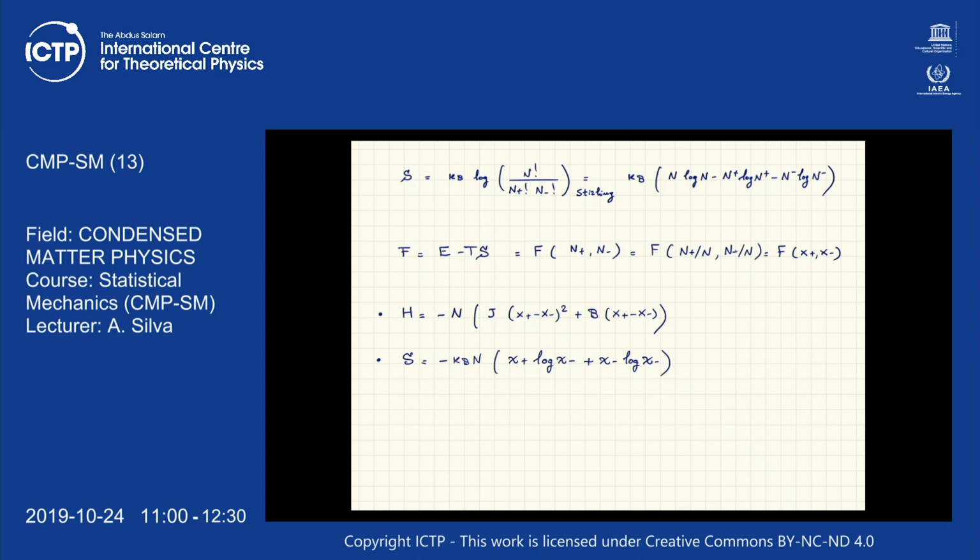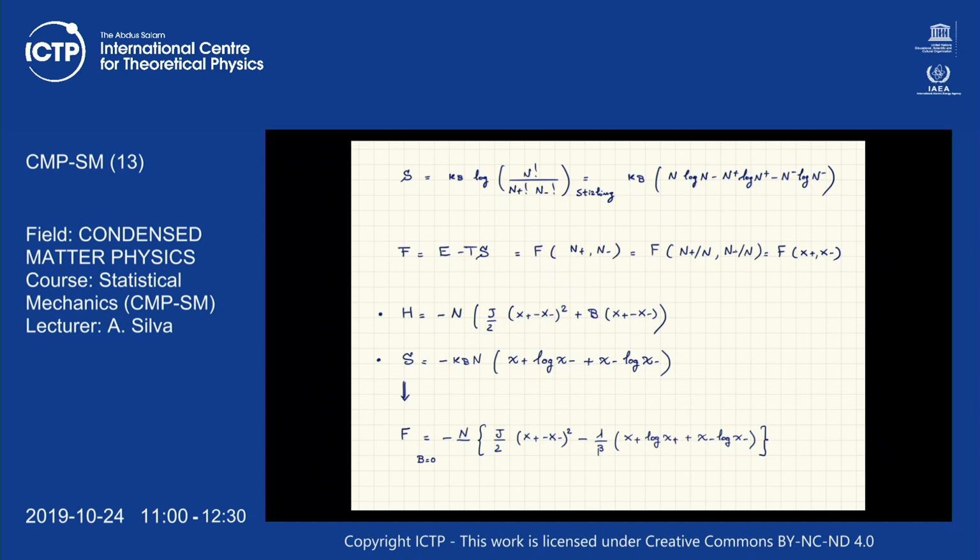Now you combine this and that and you write the free energy, and you get N times [minus J over 2 (x plus minus x minus) squared minus 1 over beta (x plus log x plus plus x minus log x minus)], where I set B, the magnetic field, equal to 0. Okay? Clear?